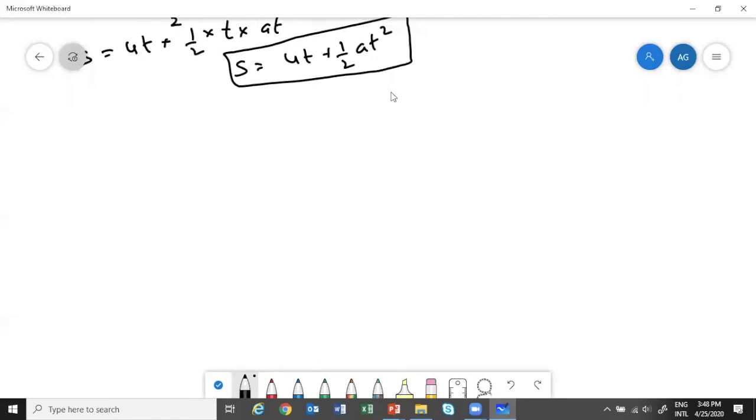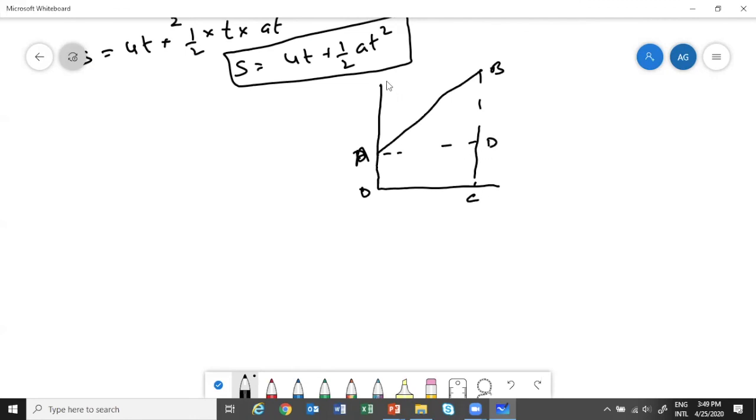Again, we can derive the third equation in the same way. This is O, this is A, this is B, and this is C, this is D, and this is E. This is velocity, and this is time, and this is U, and this is T. We know that this is the area.